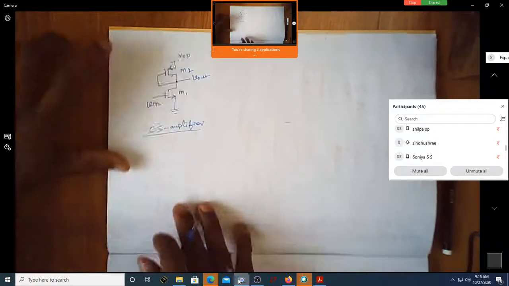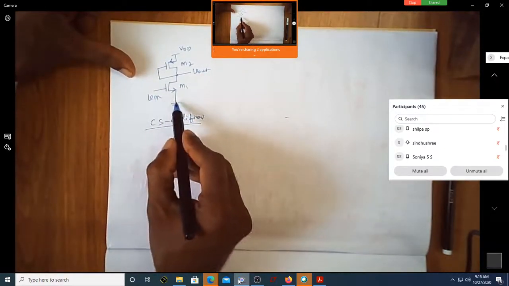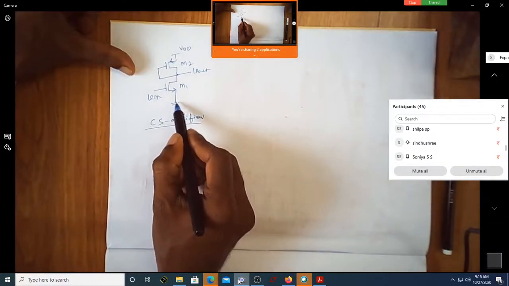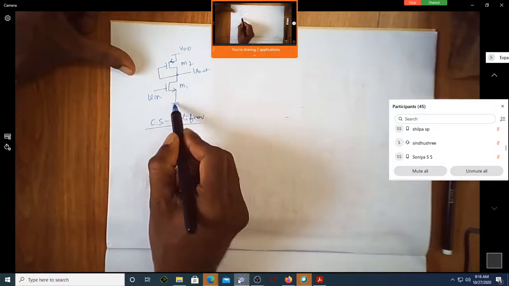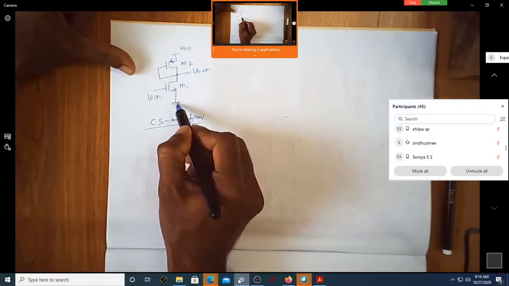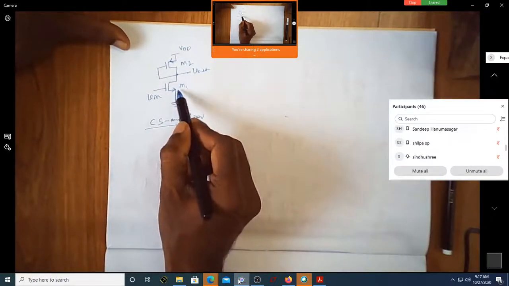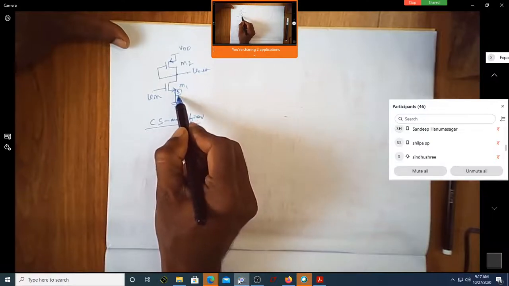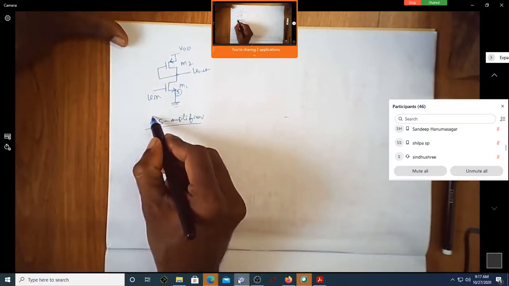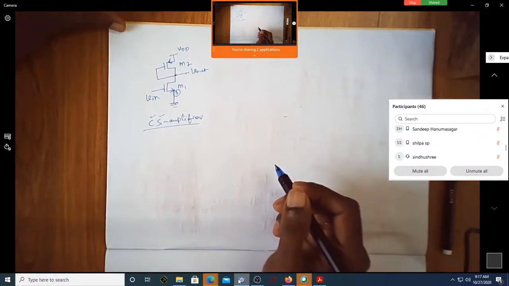Why it is called a CS amplifier: the input is applied with respect to ground, the output is taken with respect to ground, and the source is connected to ground. For both input and output one thing is common, which is the source. So that's why I'm calling it a common source amplifier, correct?